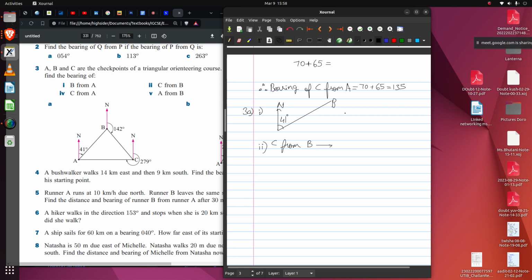C is 279. So I don't need C for this question. I only want C from B. Correct? Bearing of C from B. So that is only this much angle, no? The north of B is here, C is here, and this is the north. This is the angle you want, which, as you said, is 142. Just leave it there. Don't go to another point. Isn't it? Okay.